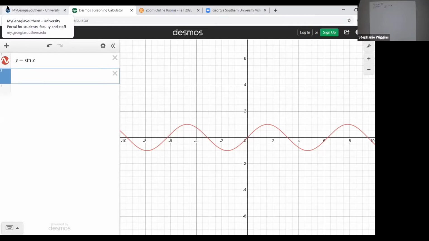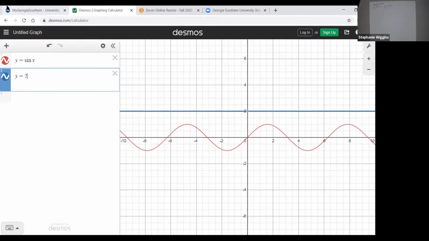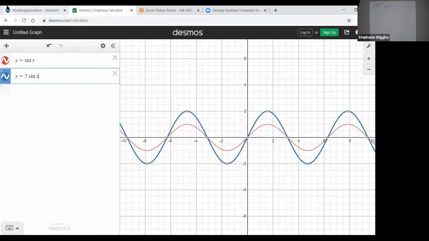So the next function that I would like to do is a variation of this, y equals 2 times sine x. Look at what happens to the function. When you multiply your sine function by 2, it increases your amplitude. So now instead of 1, our amplitude is 2. And what do I mean by amplitude?